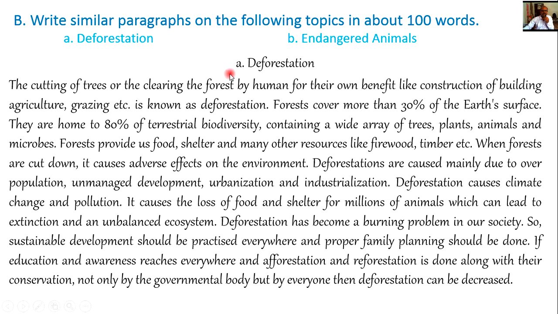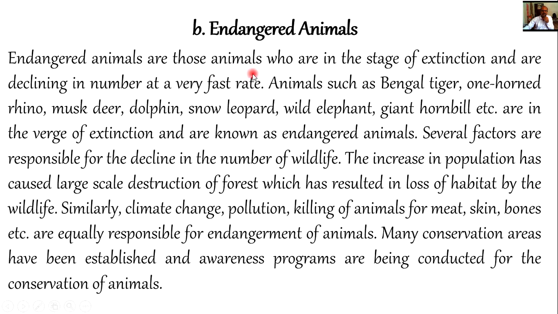Here is the paragraph about deforestation, and similarly you can first write the paragraph about endangered animals yourself. And the remaining part of this unit I will present in another video. Thank you for today.